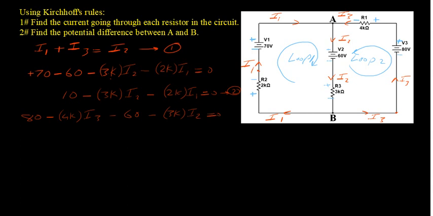If we make it simpler, that will make us 20 minus 4 kilo I3 minus 3 kilo ohm multiplied by the second current, and that's equal 0. That will be my third equation.